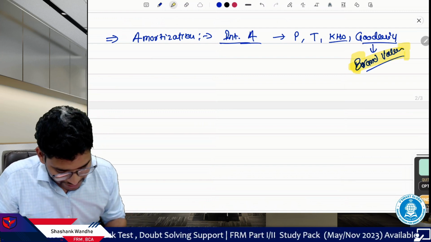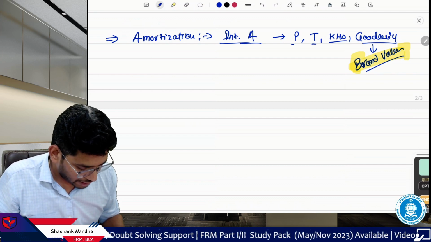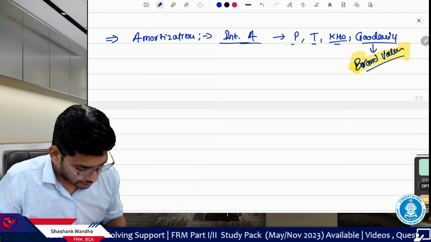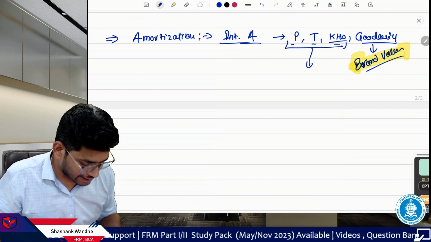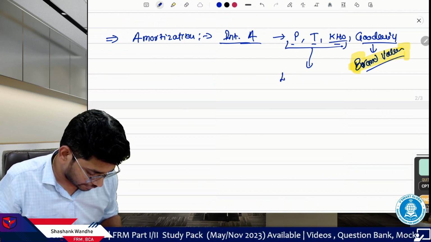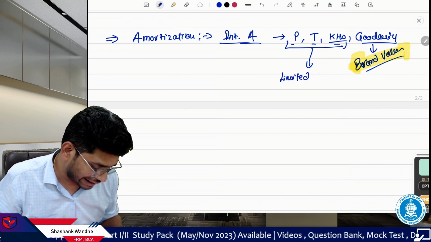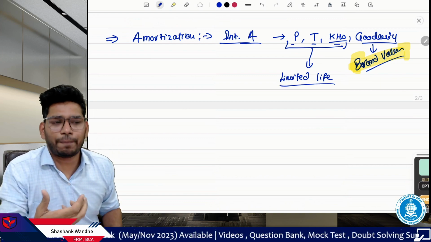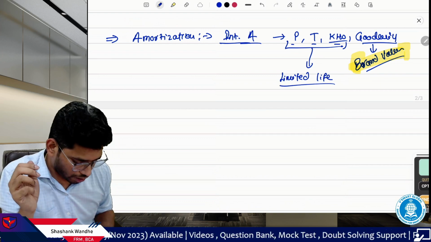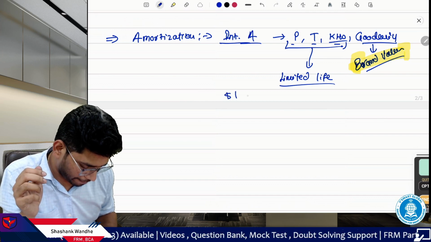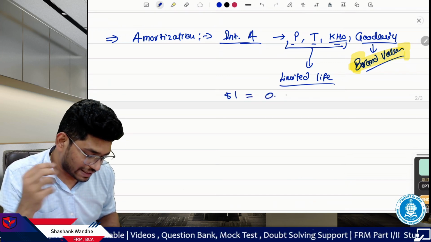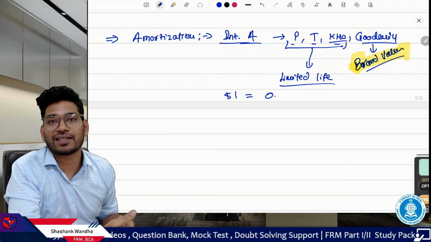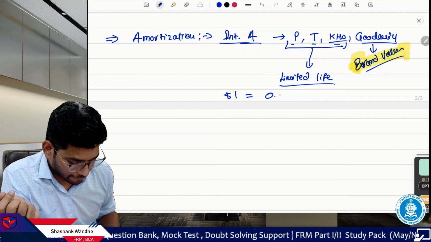So these types of assets are there: patent, trademark, and know-hows. If the assets have limited life, say I acquired a patent for 5 years for $1 million, I will expense it off or amortize this particular patent over 4 years.